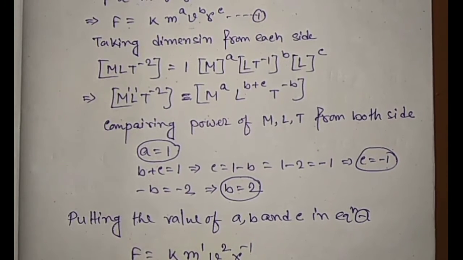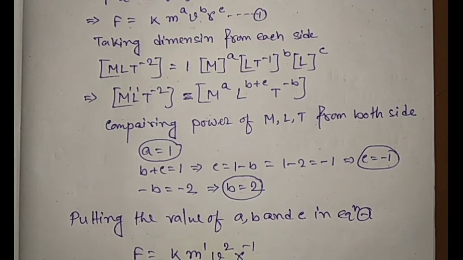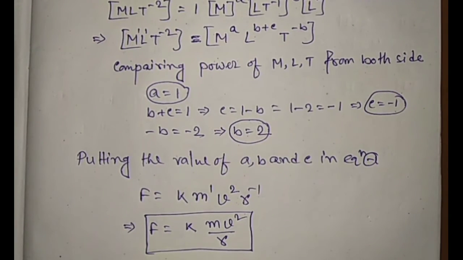So now it is the relation between m, v, r and F, which is the centripetal force. F equals k m v square by r. Here a constant always remains. This is the limitation of dimension analysis when we derive a physical relation between various quantities.